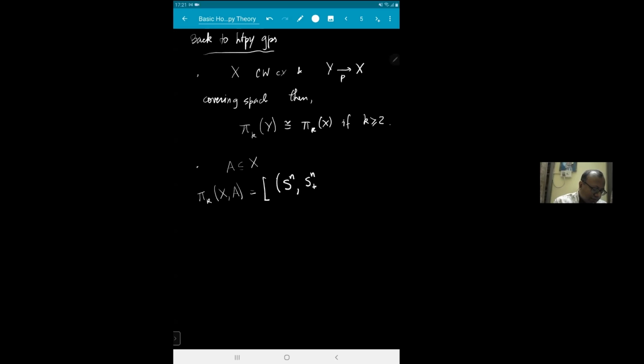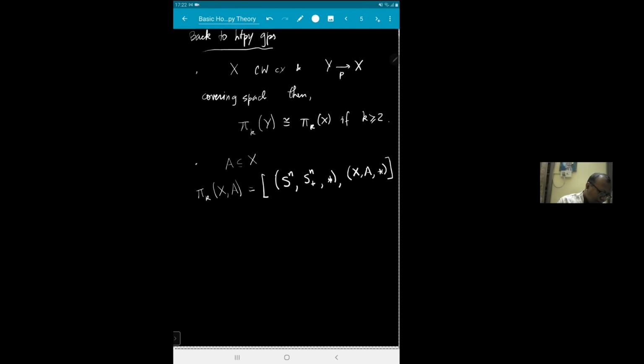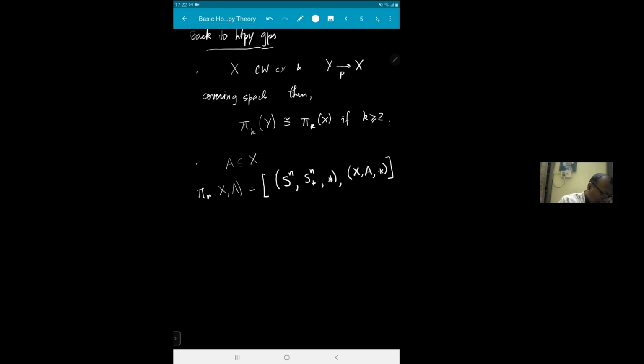Let me write it as S^n_+ for the upper hemisphere, and you take the base point. That should go to X, A, base point. Oh, k and n are different, so instead of pi k, this will be pi n of X comma A. So it's homotopy classes of maps between triples.